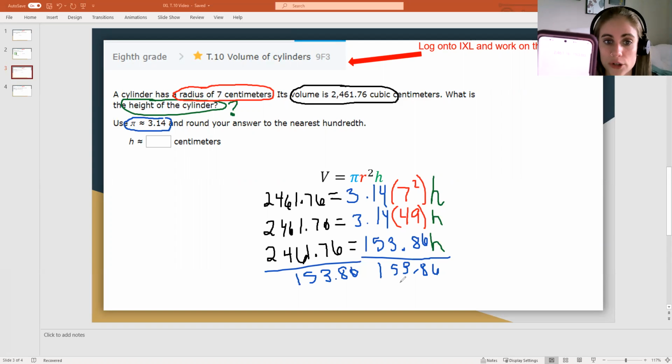Sorry if I said the wrong thing earlier. The numbers are so big, I'm mixing up my words. I apologize. But we type it in as so. And we actually get a nice simple answer. That divides out beautifully. And we discover that the height is 16.